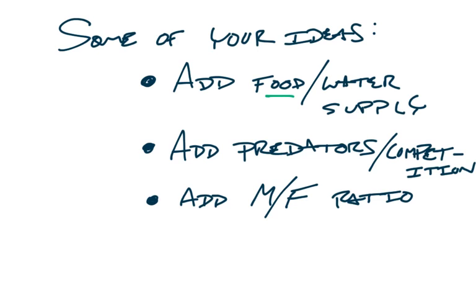All right, say we want to add a food or a water supply. Let's call F our food supply. Well, F is itself going to be a population. And now, you might think to yourself, and some people did put this in their notes when I asked for this submission, that water is going to be significantly different than food.